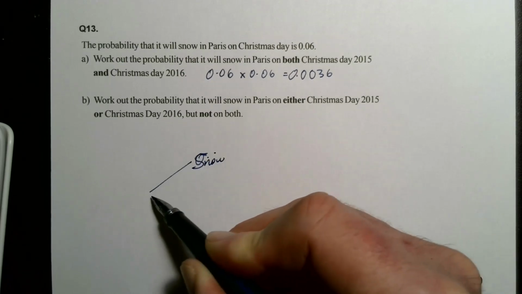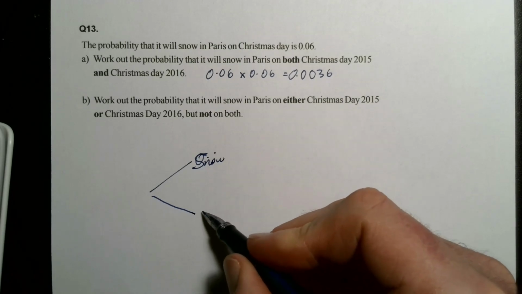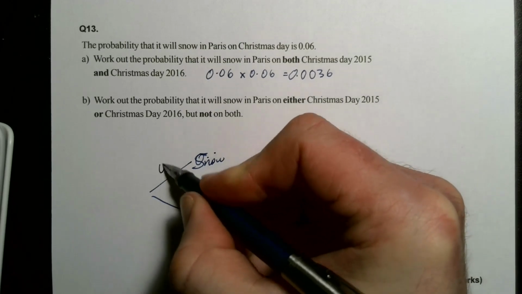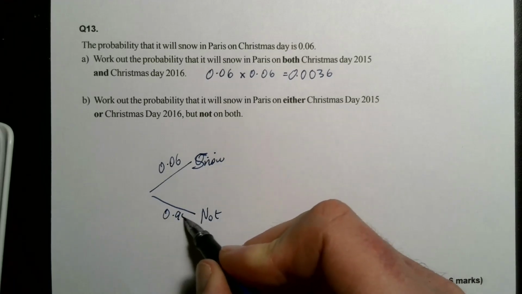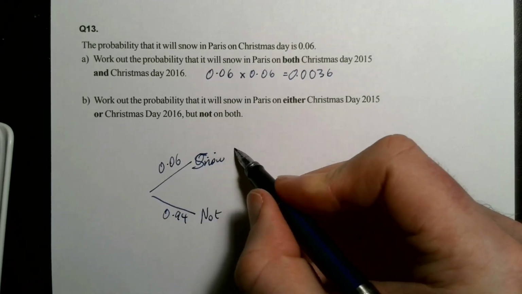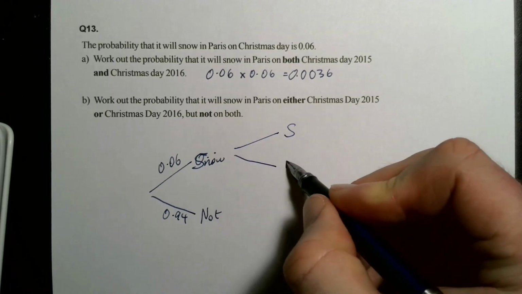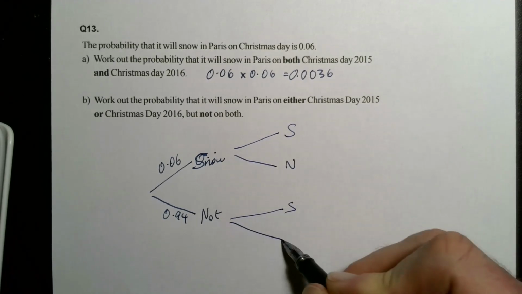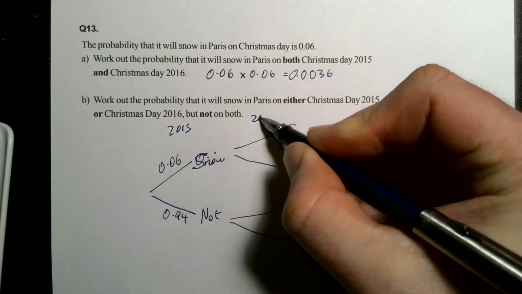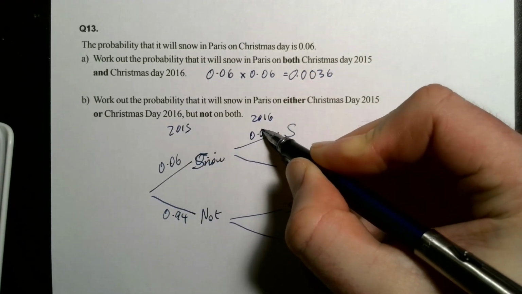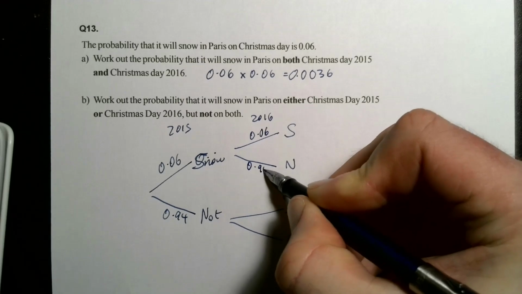We write snow there, not there. So that'll be 0.06. So not snowing must be 0.94 because they add up to 1. Snow, not. Snow, not. So this is 2015, this is 2016, and it will be the same probability again.